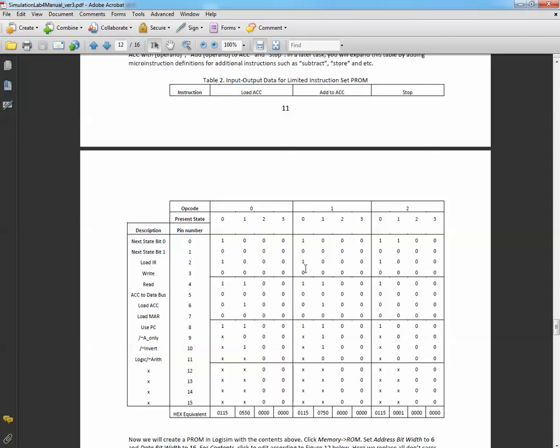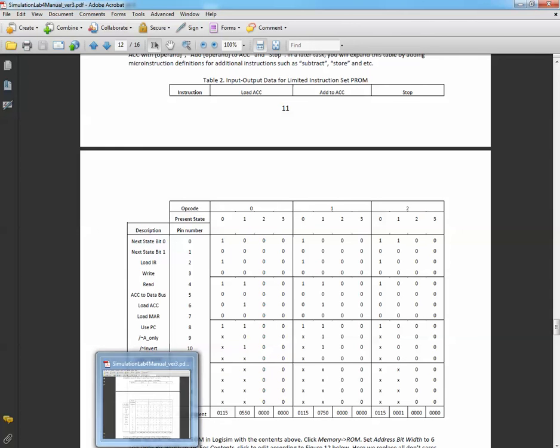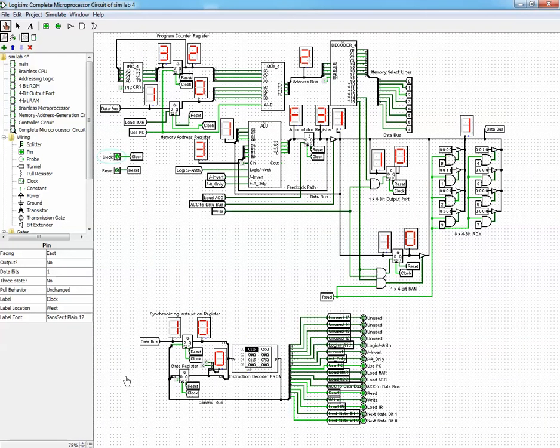It takes the value of load IR to be 1, which means that this will be activated, and you will be loading the value 1, which is stored in this memory address location, and it will come over here.